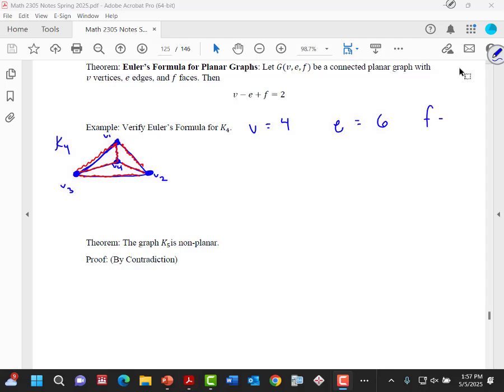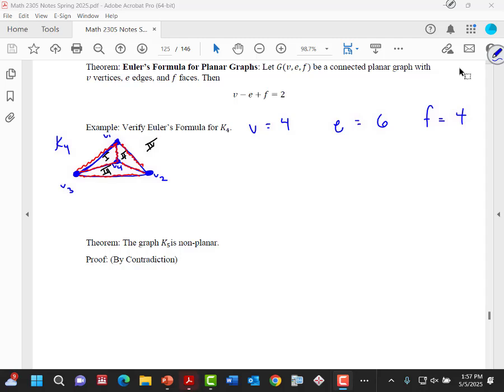And how many faces F? Well, let's look. This was face 1, face 2, face 3, and remember, there's a 4th one out here, face 4. So, this graph is planar.